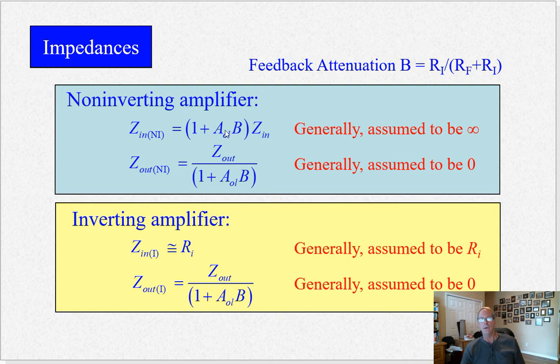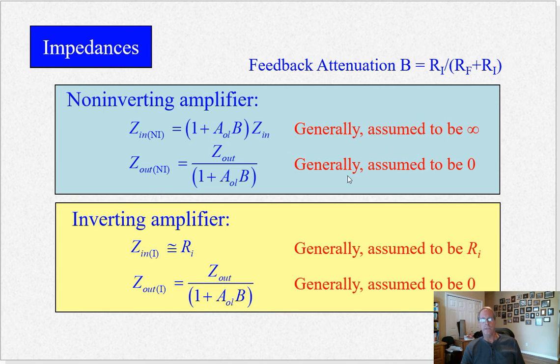Like this is 200,000. So the input impedance increases dramatically and is generally assumed to be infinite. It's okay to assume that it's infinite for all of our calculations and analyses. It's not really; it's in the megohms or many hundreds of megohms, but for all practical purposes, it's infinite.